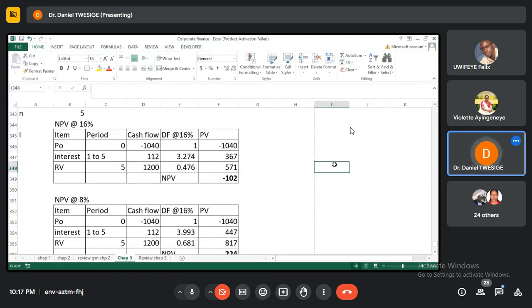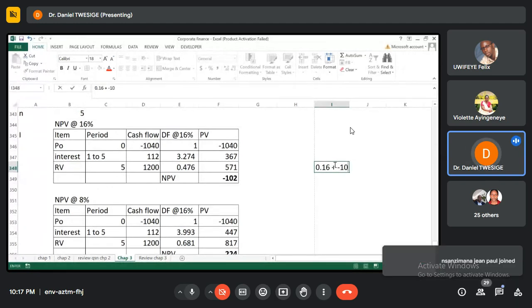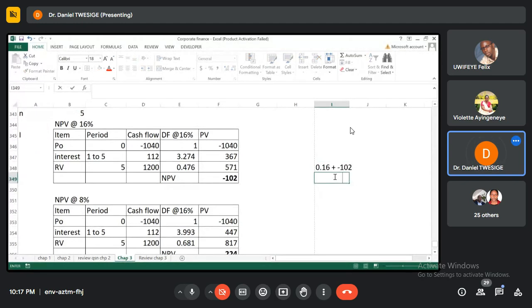If I start with this, I'll have 0.16 plus, and the answer is the same. Minus 102, I divide by minus 102 minus 224.